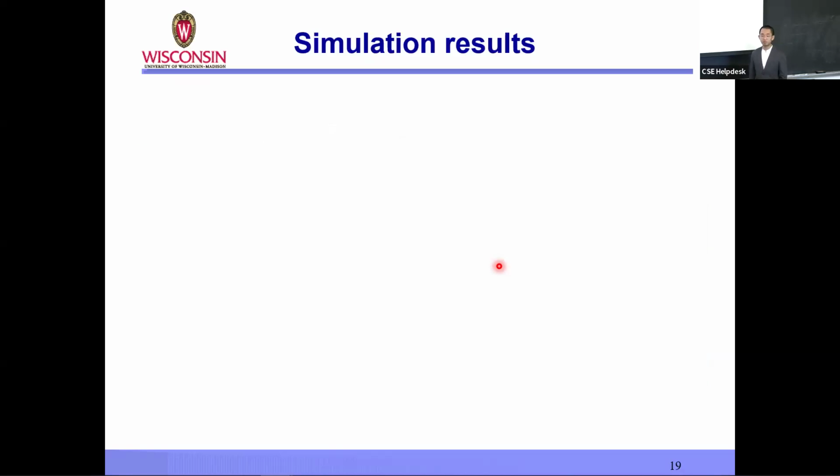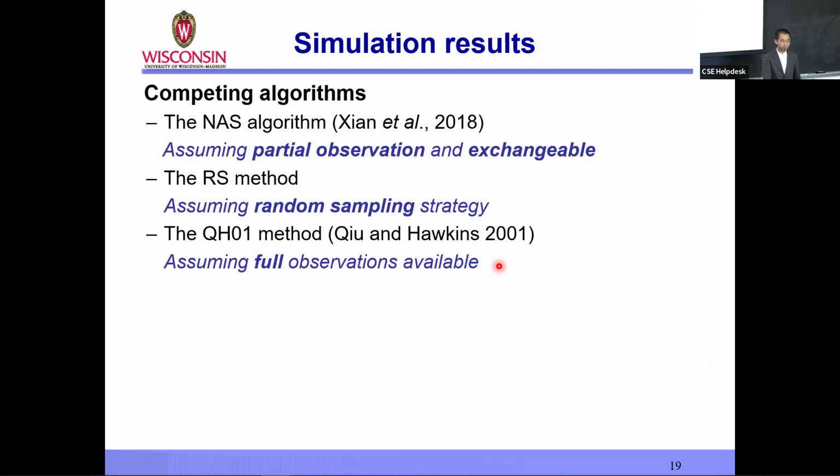So for the performance comparison, we can consider to evaluate this method with 3 competing algorithms. So the first one is we call the NAS algorithm. So this method can also do the adaptive sampling with the partial observations, but it assumes that all the data streams to be exchangeable.